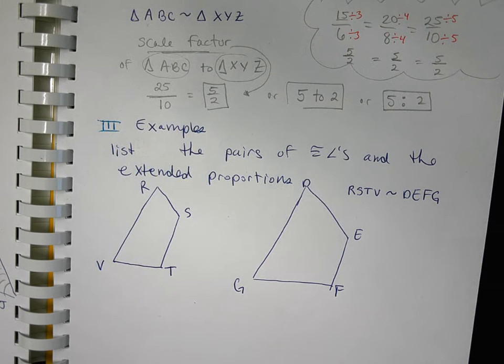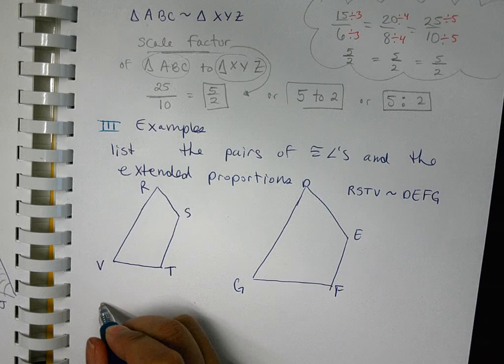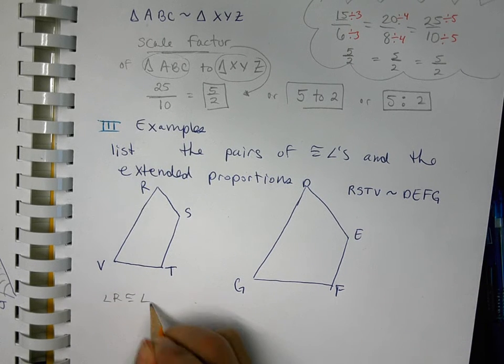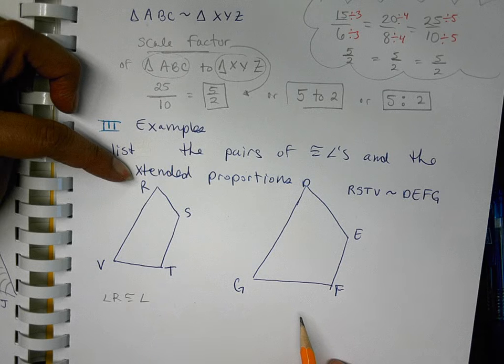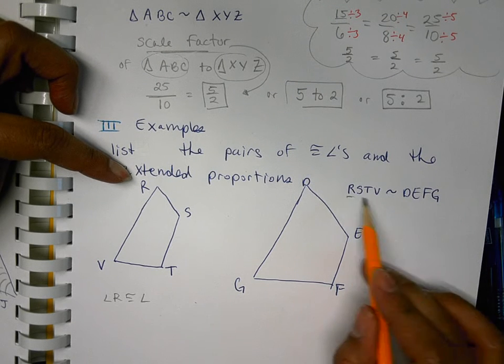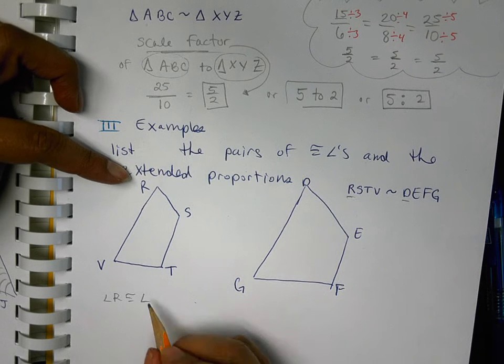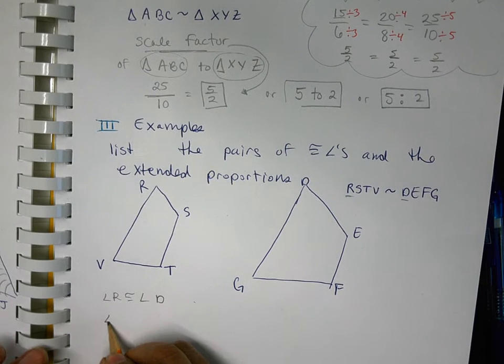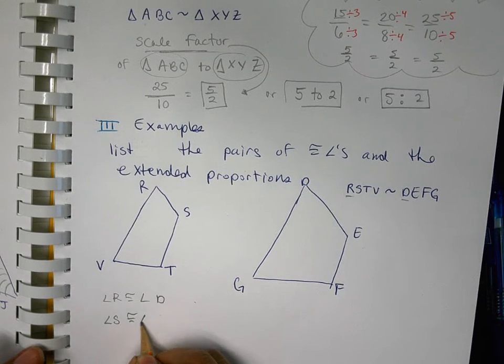So we have angle R is congruent to angle what? D. Can you tell that right here from your similarity statement? Yes or no? Yes. All right. I'm going to do S next. Angle S is congruent to angle what?